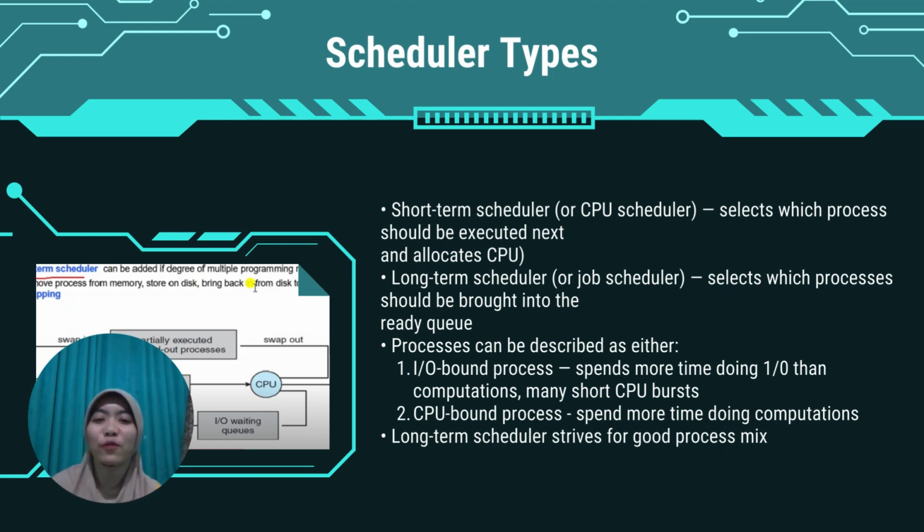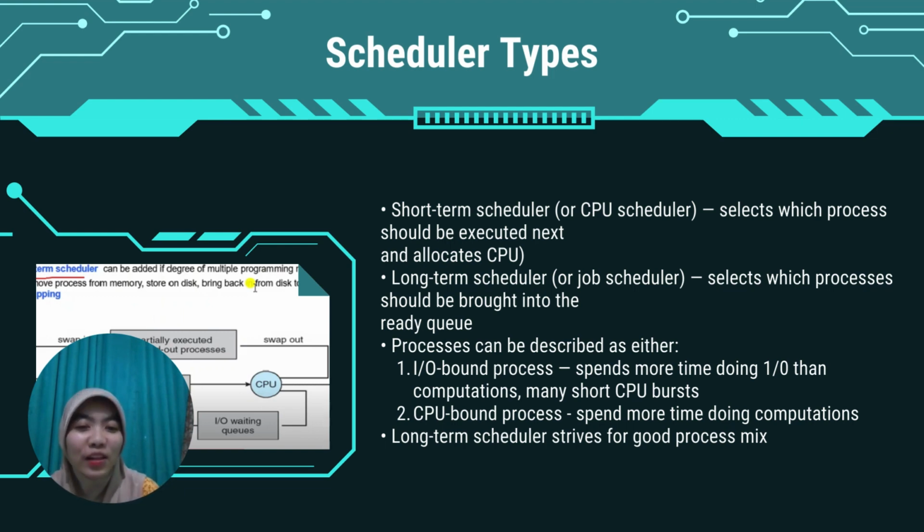When a process is removed from memory, due to lack of memory space or to improve overall system performance, the medium-term scheduler handles the swapping process. It removes processes from memory and places them on disk, freeing up memory resources for other processes.